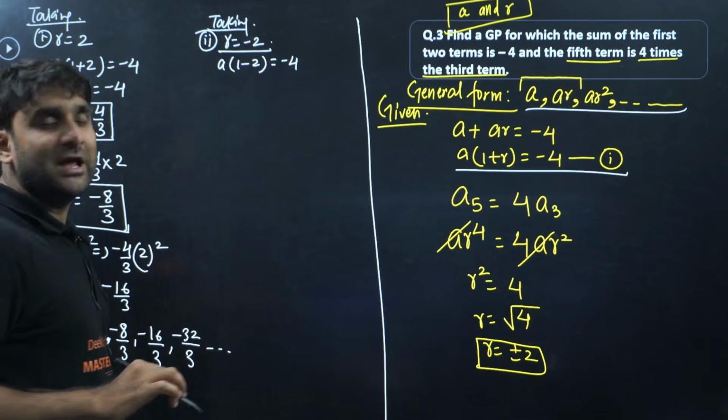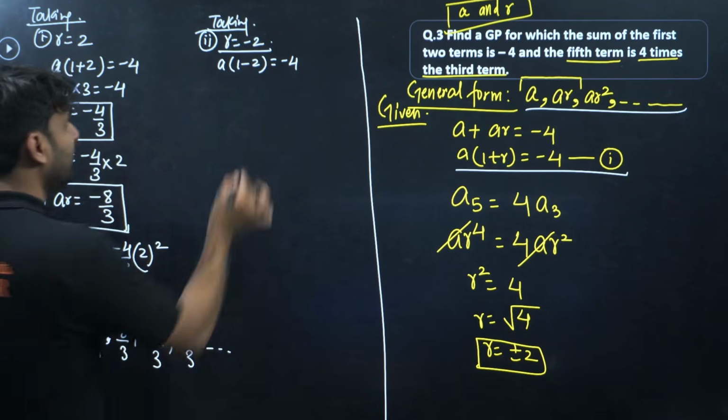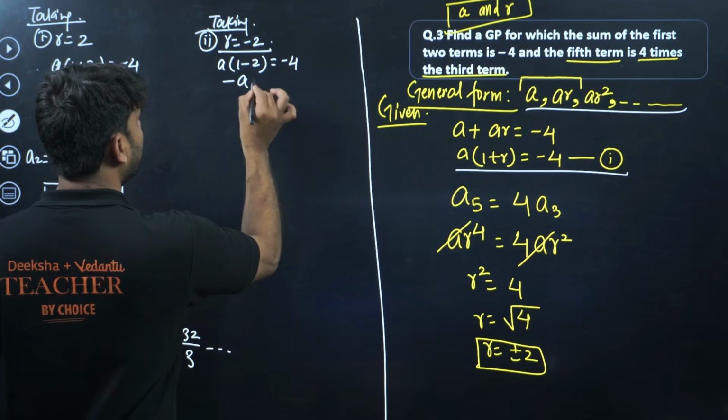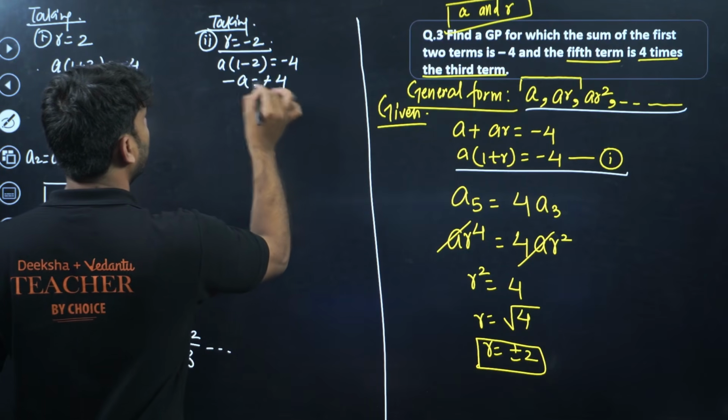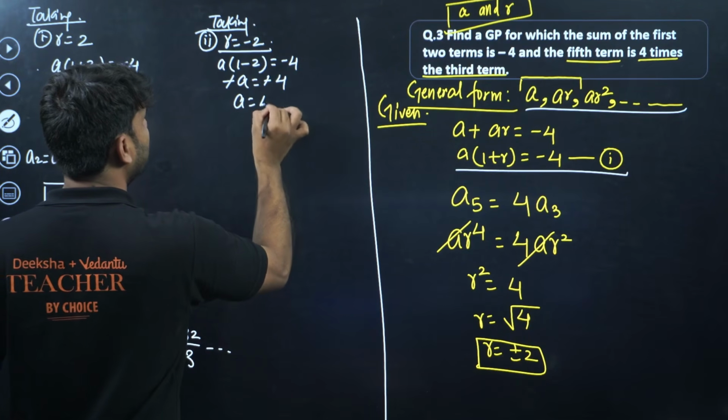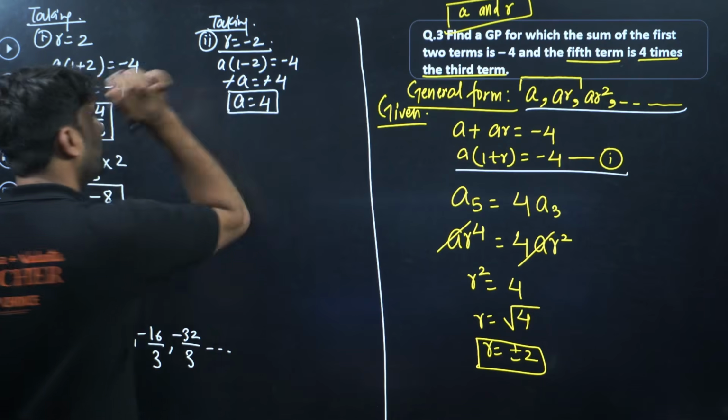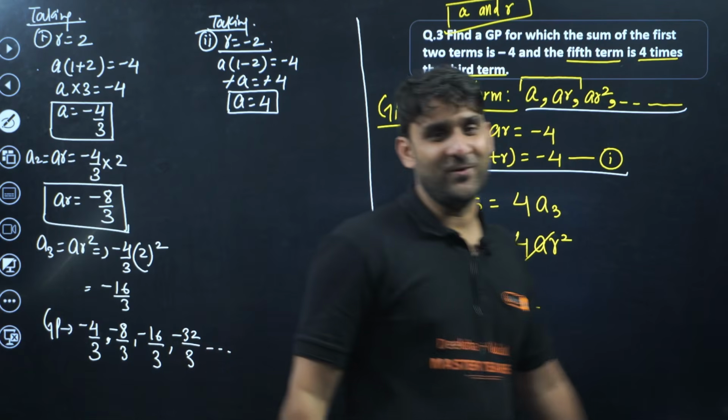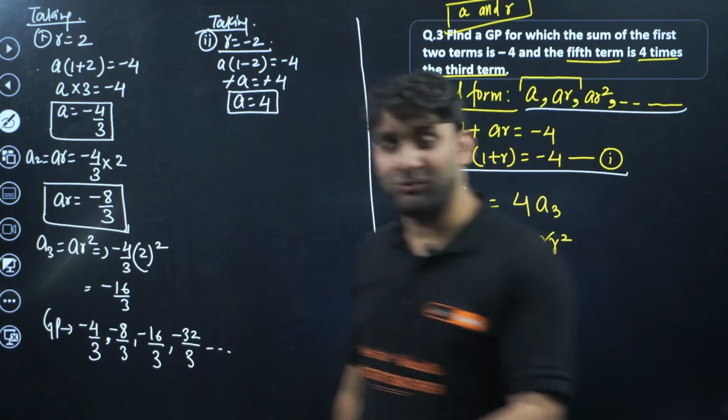Clear, everyone? 1 minus 2 is minus 1, right? So minus 1 into A can be written as minus A equals minus 4. Minus cancels, so A is equal to 4. Now A is equal to positive 4.